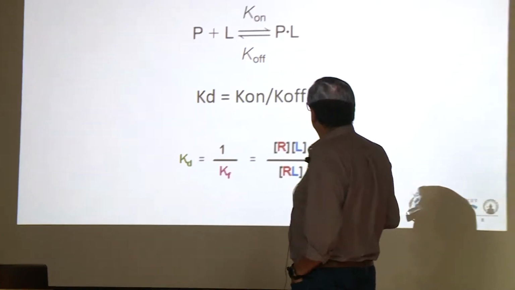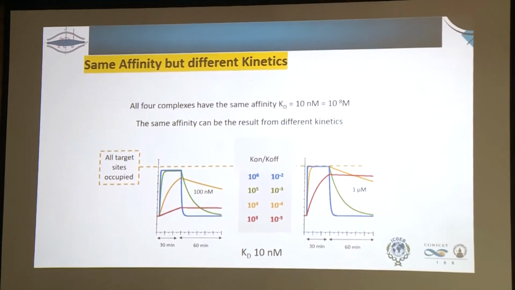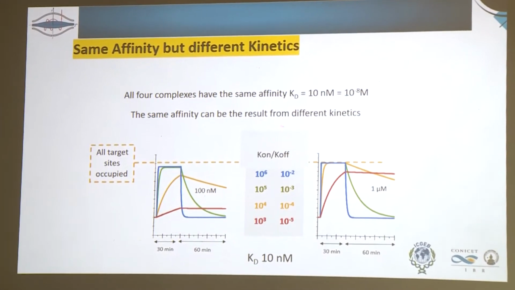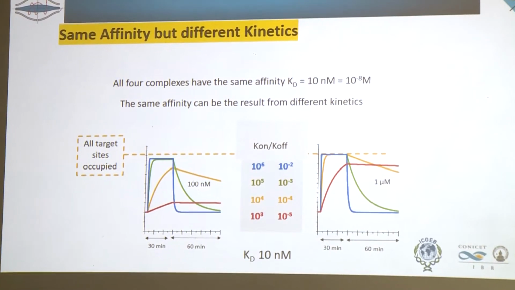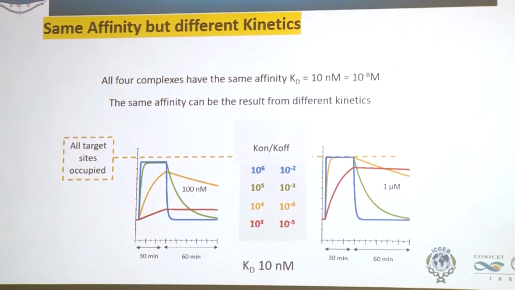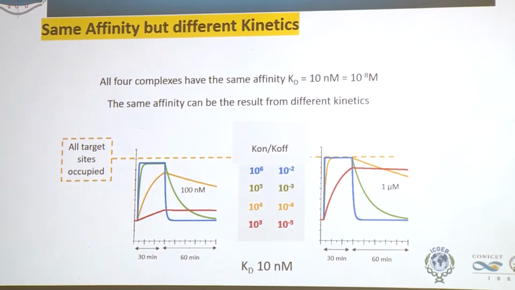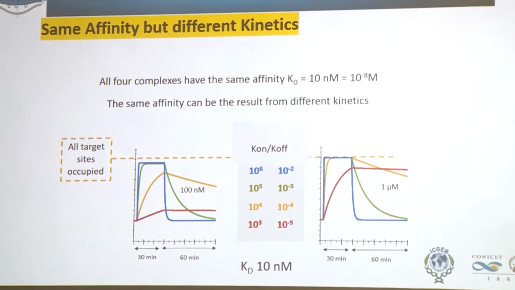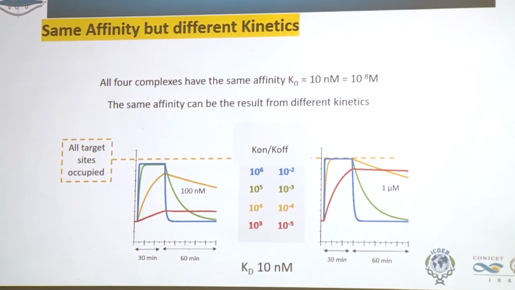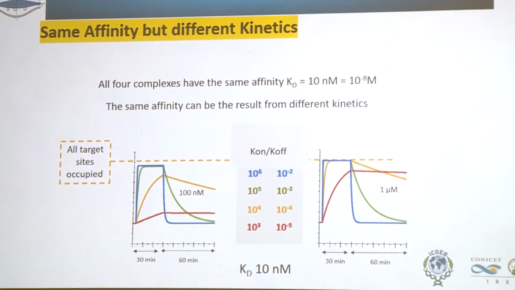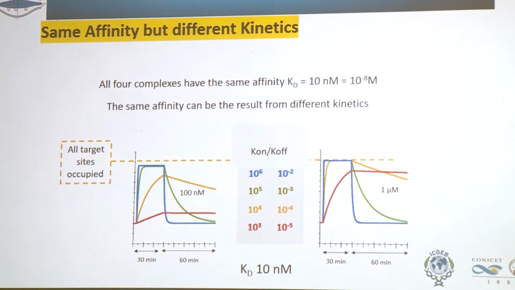Why I'm talking about that is that for the same affinity constant, you can have different velocity constants. So you can have the same Kd, let's say 10 nanomolar, and with this same affinity, the results that you can obtain can come with completely different kinetics of complex formation and complex disruption.